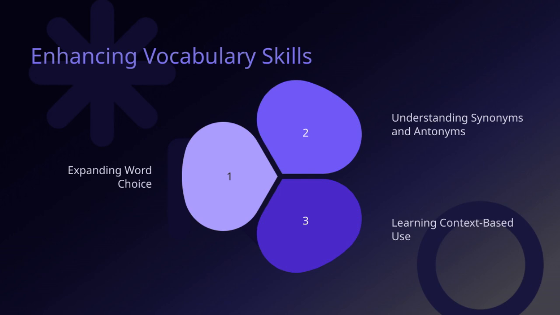This process is essential for expanding our overall vocabulary skills, which is a fundamental part of effective language use. By mastering these concepts, we can choose words more thoughtfully, making our speech and writing clearer and more impactful. Ultimately, this approach supports the overall goal of enhancing our language proficiency and expressing ourselves more accurately in different contexts.